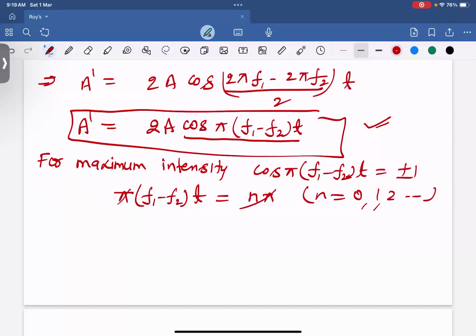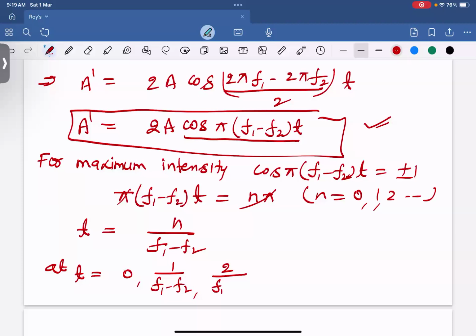Pi you can cancel. So at what time intensity will be maximum? t equals n divided by (f1 minus f2). That means if I keep on putting the values of t as 0, then 1 divided by (f1 minus f2), then 2 divided by (f1 minus f2), then 3 divided by (f1 minus f2).